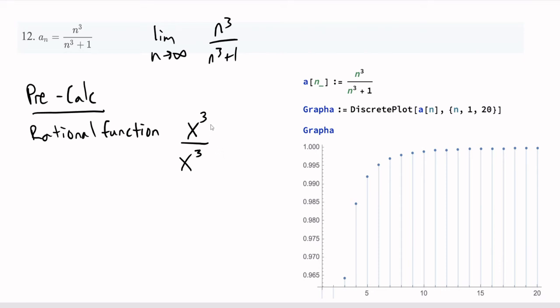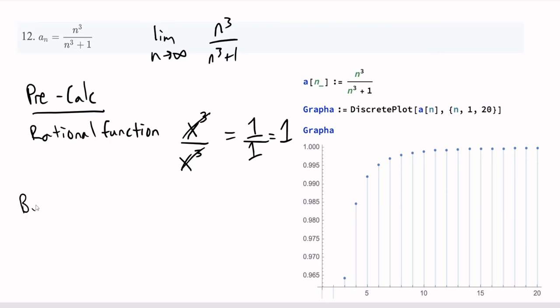When that's the scenario in a rational function from pre-calc, we can rewrite it this way, and your limit will be 1 over 1, which is 1. So it's just the ratio of the constants. Same power top and bottom, you just take the ratio of the constants in front. That's your limit. So how does that help us?